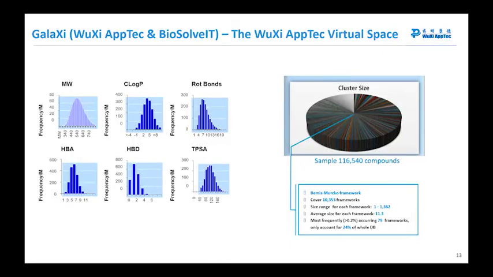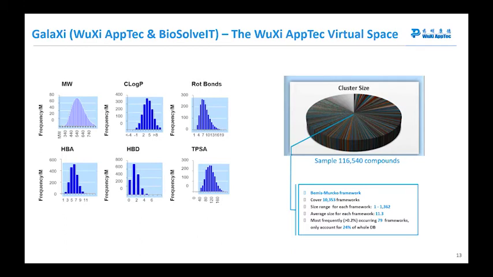The actual physical properties of the WuXi AppTec virtual space, or Galaxy, are shown on the left: the distribution between molecular weight, ClogP, rotatable bonds, donors, acceptors, and polar surface area. We did a clustering using the Bemis-Murcko framework, which is basically a popular method for removing side chains and an algorithm to generate clusters.